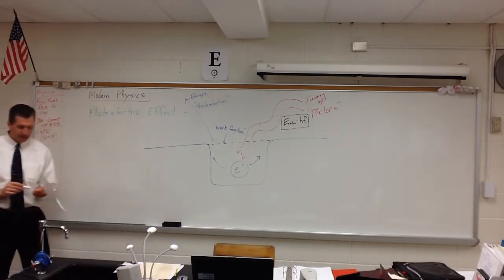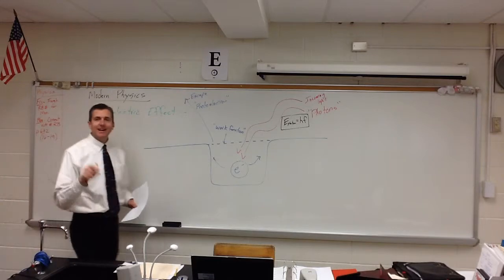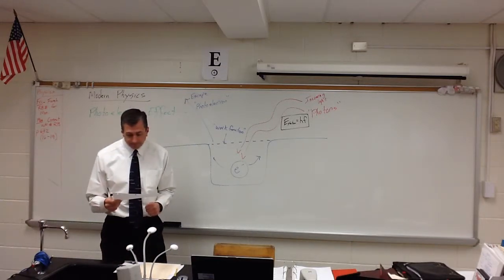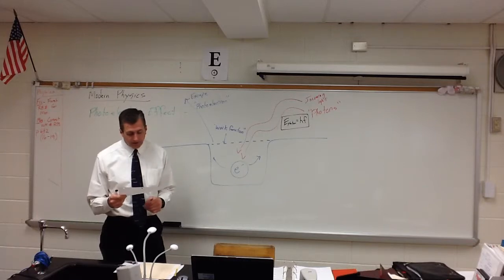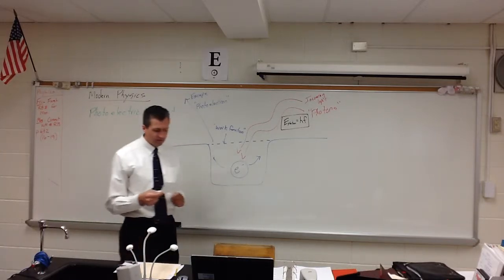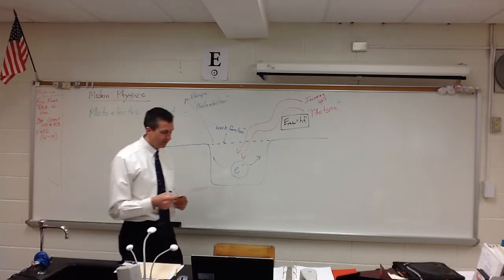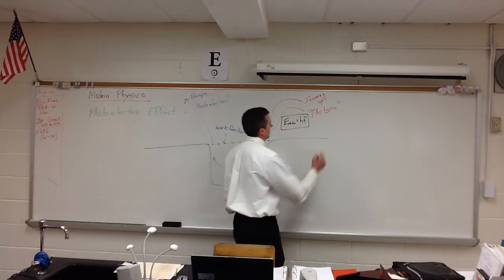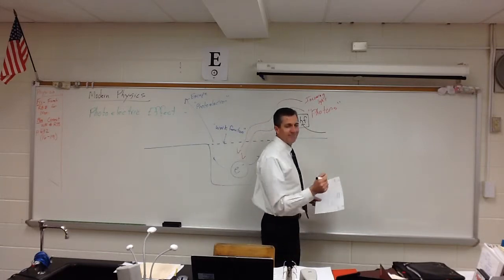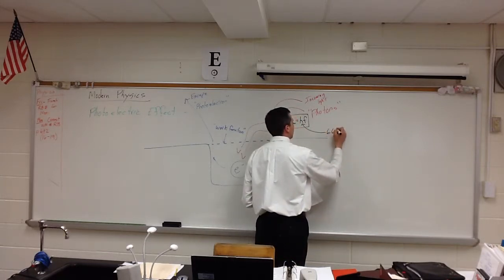Energy of a photon is h times f. h is a constant. It's actually Planck's constant. You look on the front page of your reference table, and you should find it labeled as Planck's constant: 6.63 times 10 to the negative 34.